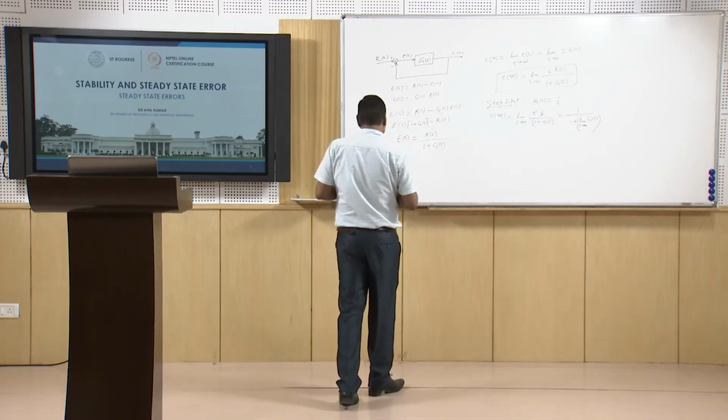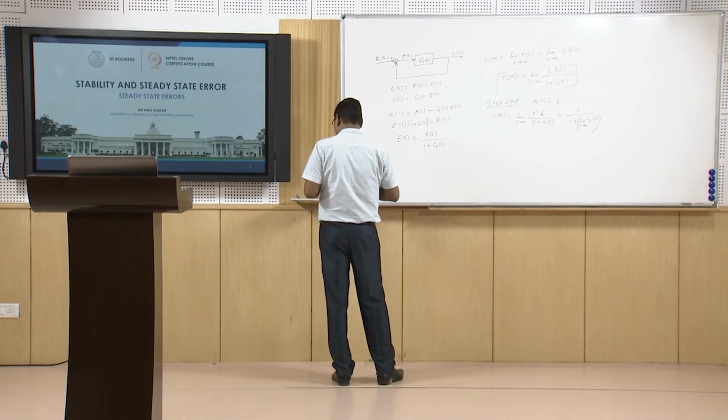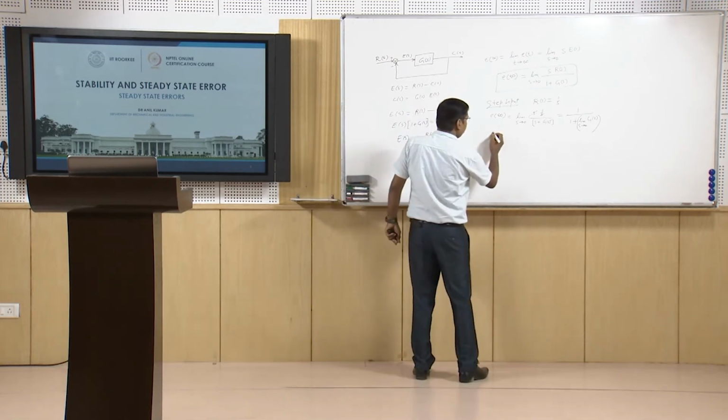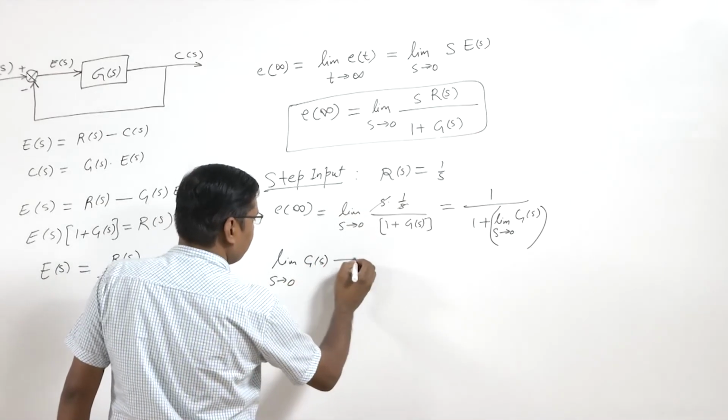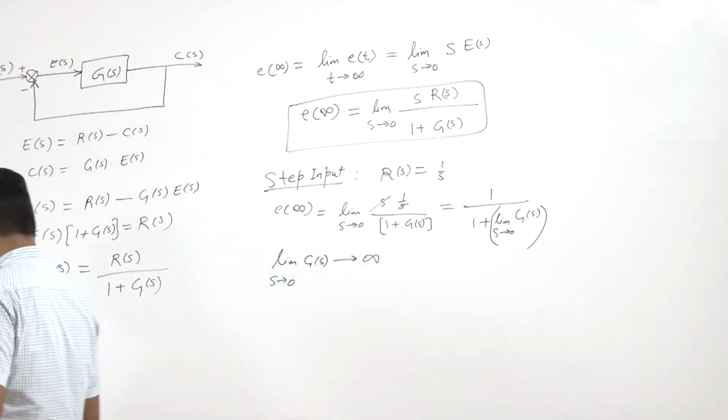So to find this 0 steady state error, limit s tends to 0 G(s) tends to infinity.